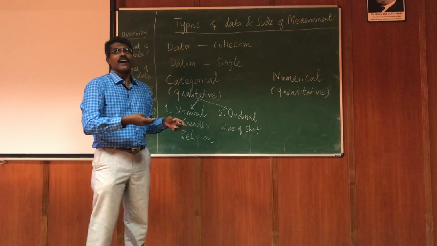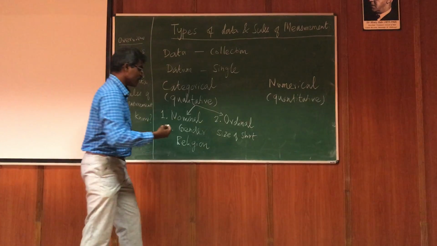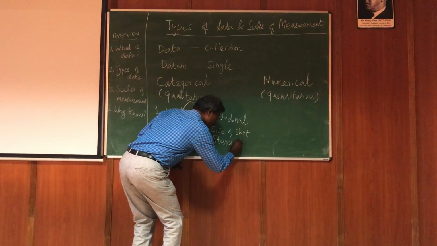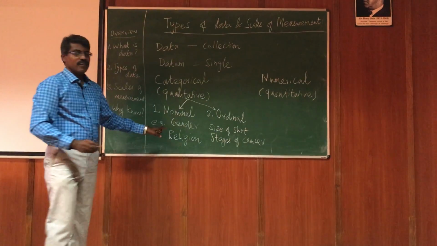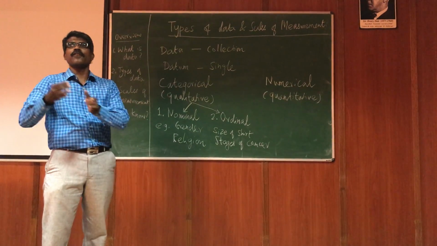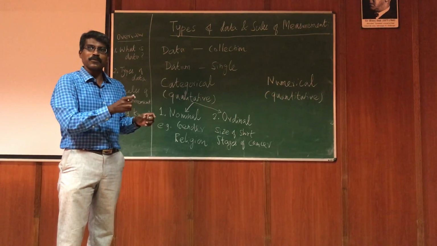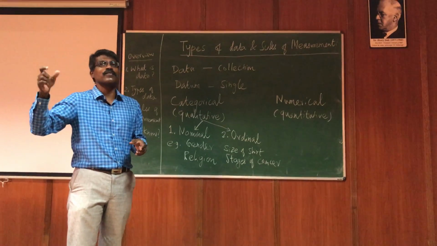To quote a good example from our medical side, if you look into the stages of cancer, there are stage 1, 2, 3, 4. So it can be arranged in an order, but the difference between stage 1 and 2 is not the same as between stage 2 and 3 or 3 and 4.